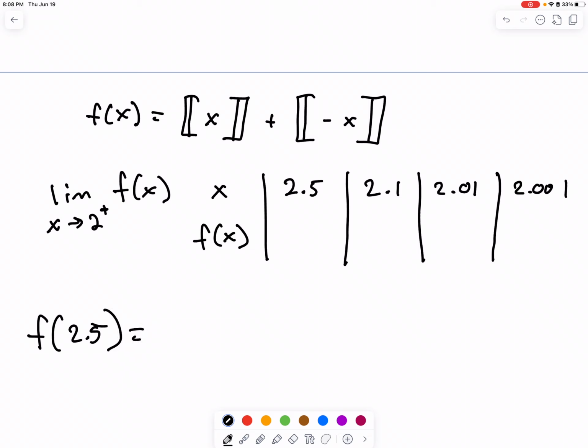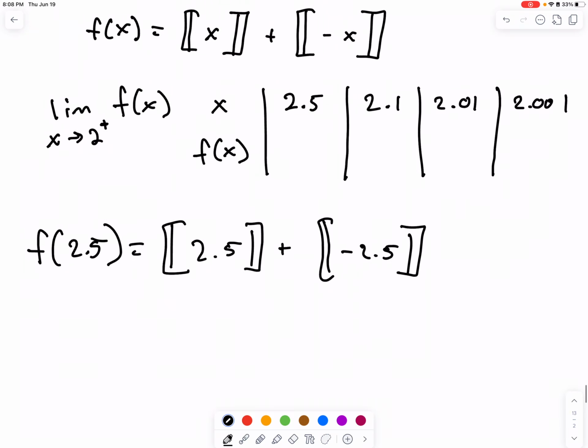So if we plug it into that first part, the greatest integer here, let's just write it. Let me not be lazy. 2.5 plus the greatest integer less than or equal to negative 2.5. Okay. So now for that first term, 2.5 is between what? 2 and 3. So the integer to the left is going to be a 2.